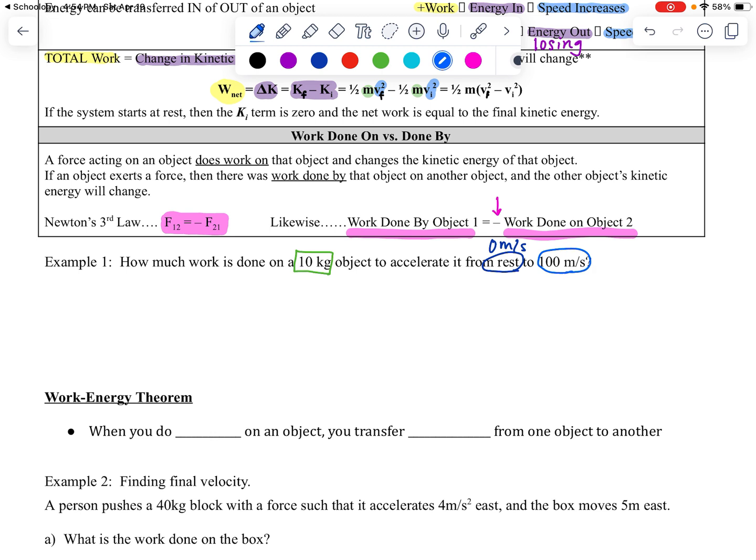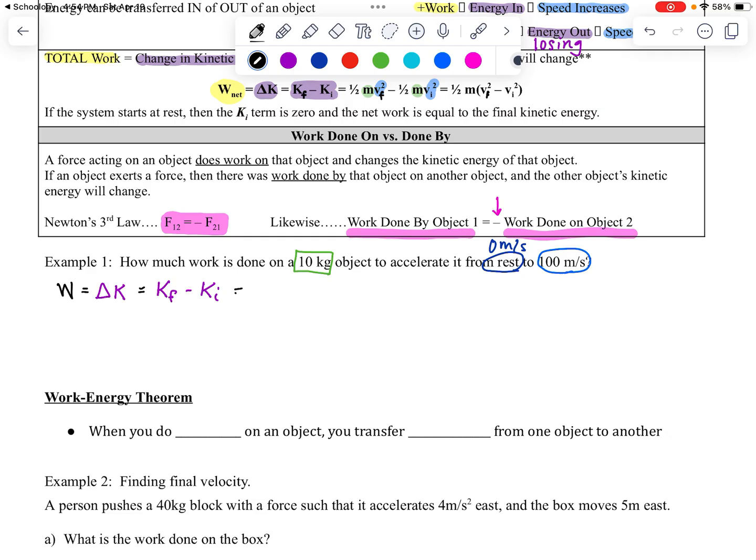So how much work is done? Remember, work is equal to the change in kinetic energy, which we know is K final minus K initial. Okay, that's fine so far.